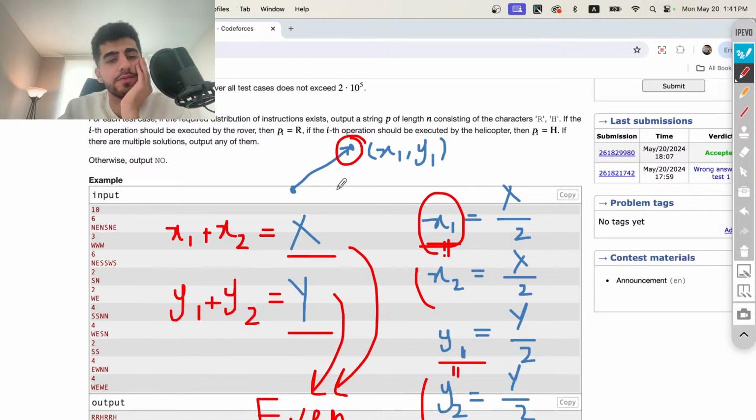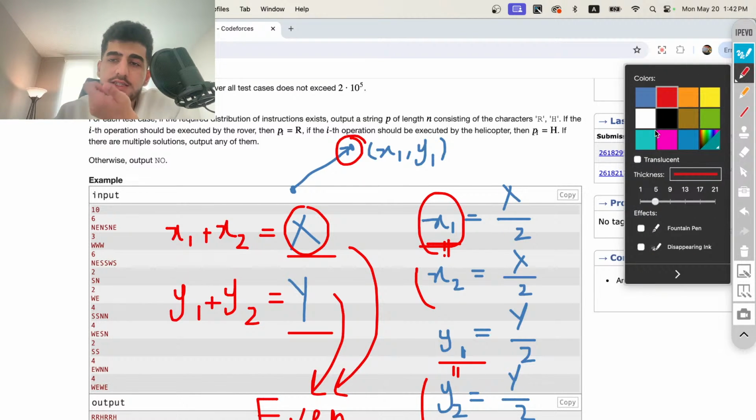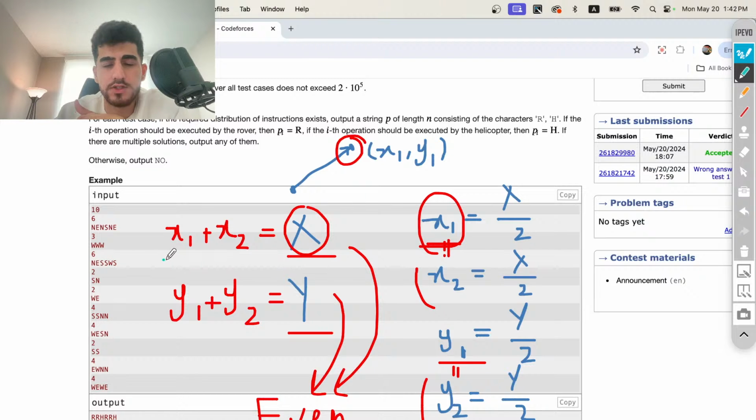The second fact was that it is only enough to move device number 1 to this point. If we only move device number 1 to this point, I'm arguing that the second device will also go to this point automatically. Why? What is the reason of that? What was capital X? Capital X was the sum of x1 and x2, right?